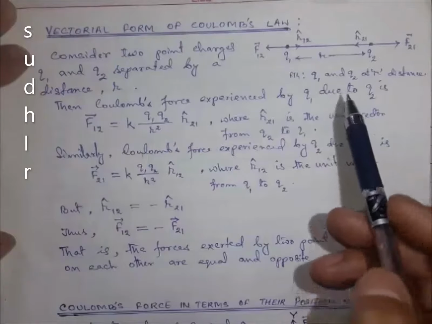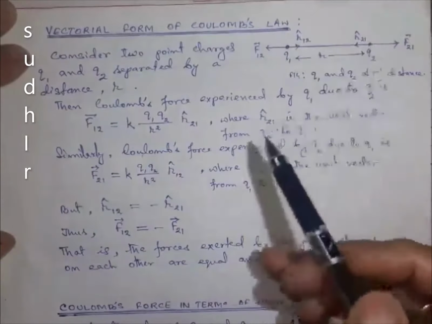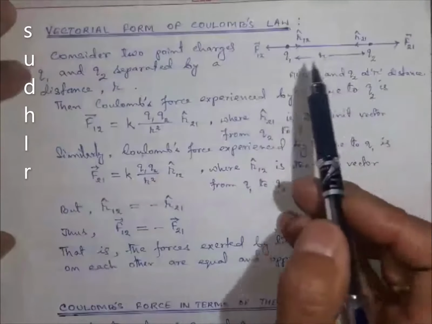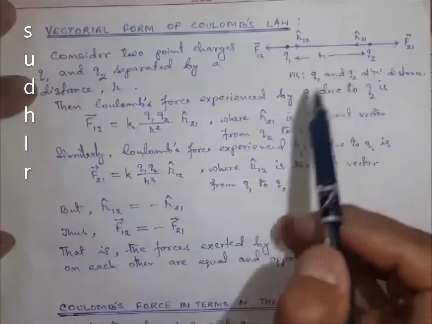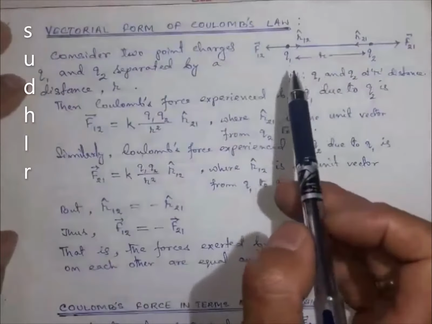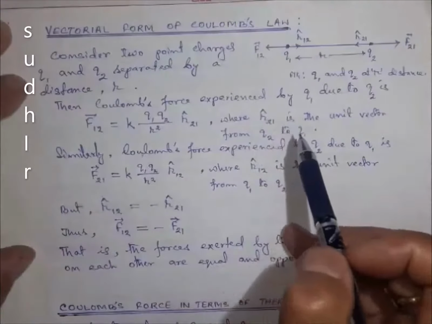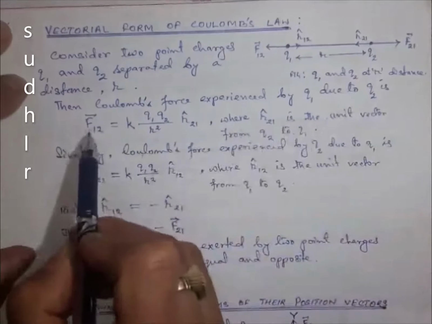So let's take two charges Q1 and Q2, separated by some distance, say small r, in between the two charges. Then the Coulomb's force experienced by Q1 due to Q2 is denoted by F12.